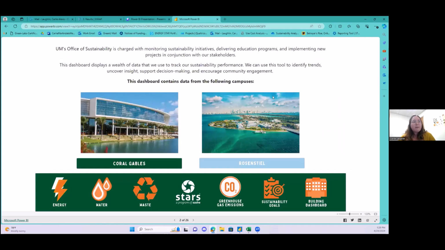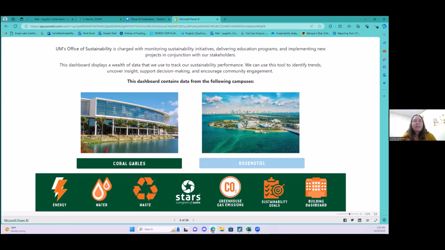And then if we want to see where our rock star buildings are or which buildings need a little more attention, we can take a look at the building dashboard. So this is a separate dashboard just because it's housed on a different place in our website.